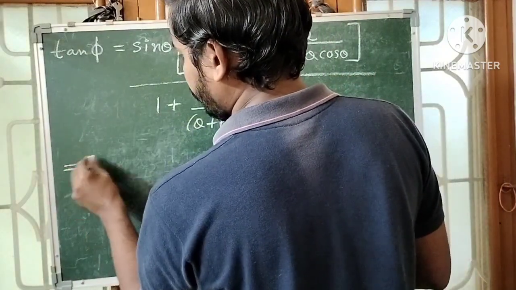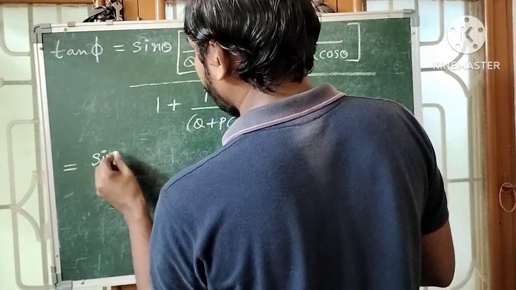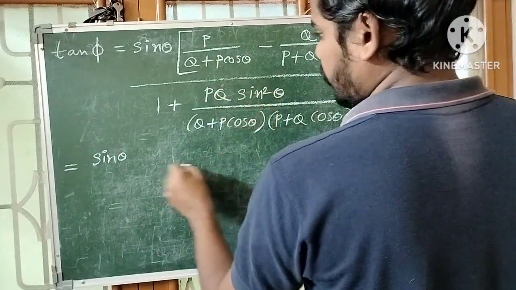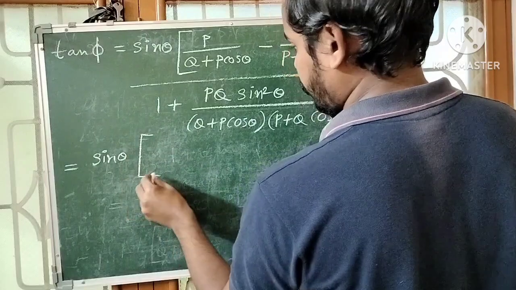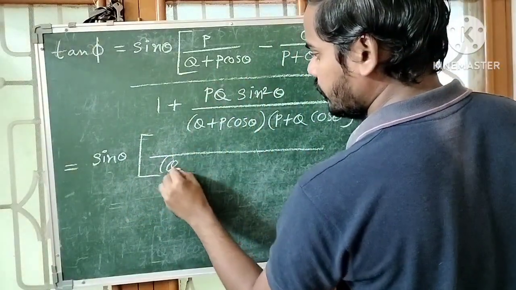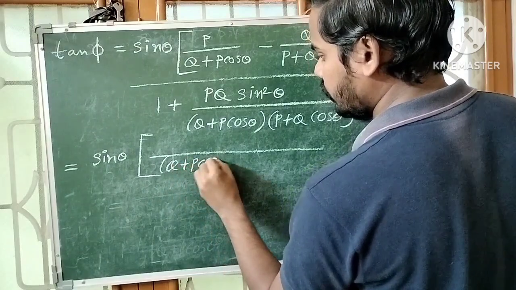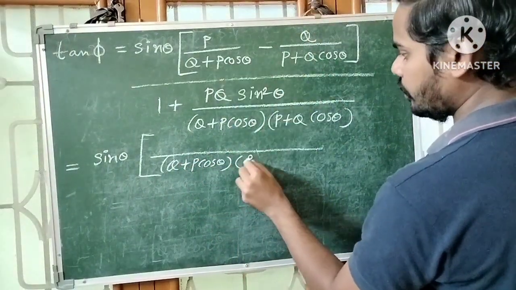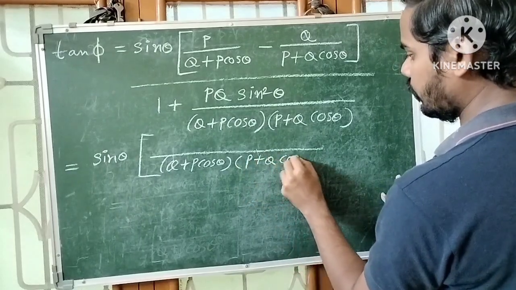So tan phi as usual, the LHS is the same, sin theta. So what is the LCM? Here the LCM is q plus p cos theta into p plus q cos theta.